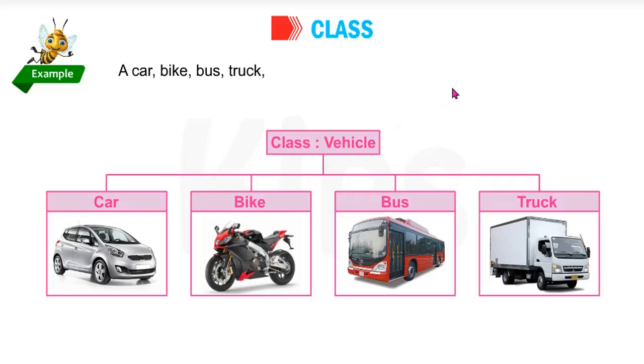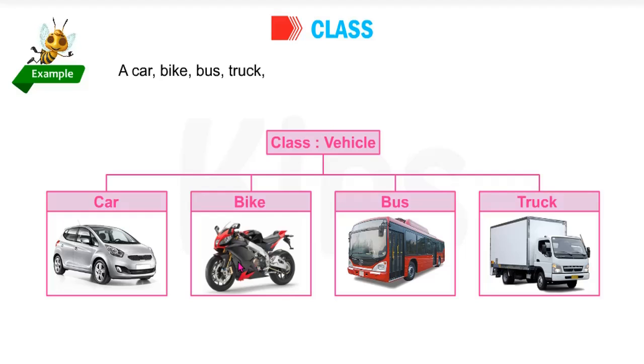Now one more point, that is subclass. Example, class vehicle, and there are cars, bike, bus, truck. And if there is another class called car, in that car there are Maruti cars, Logan, Renault, which are different brands, BMW. Those objects make one class car, but the car class is a subclass of vehicle.